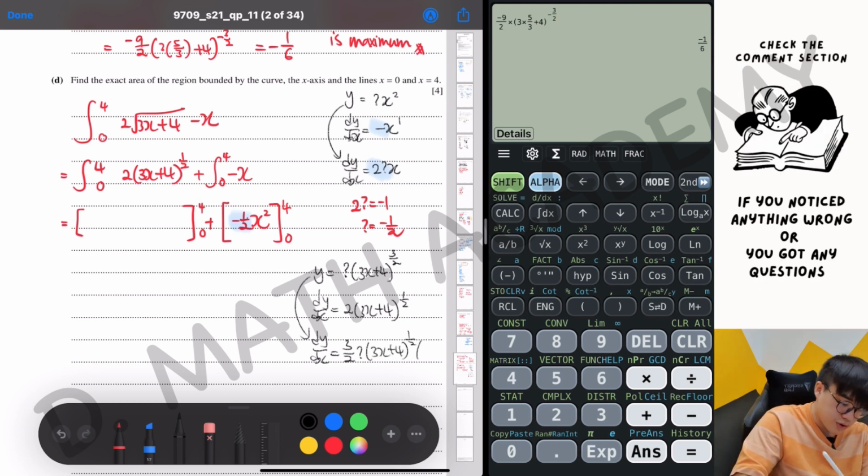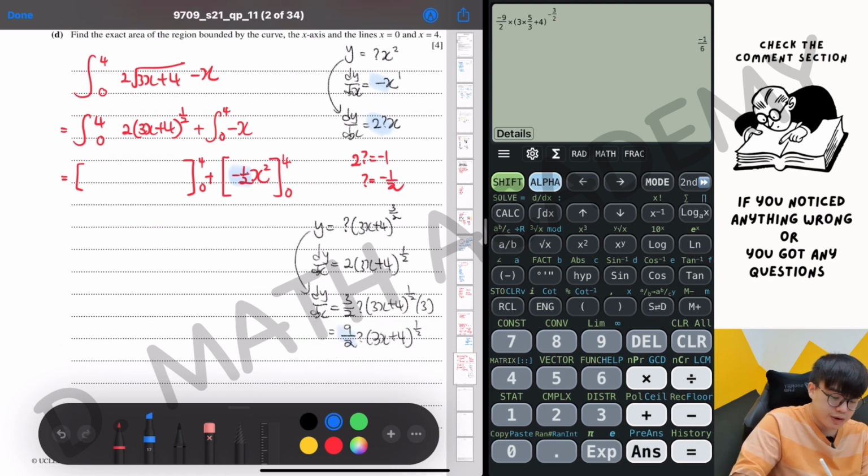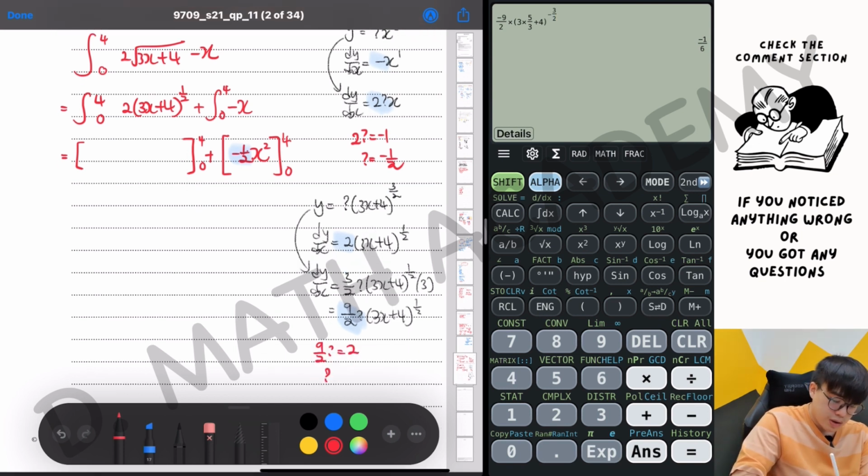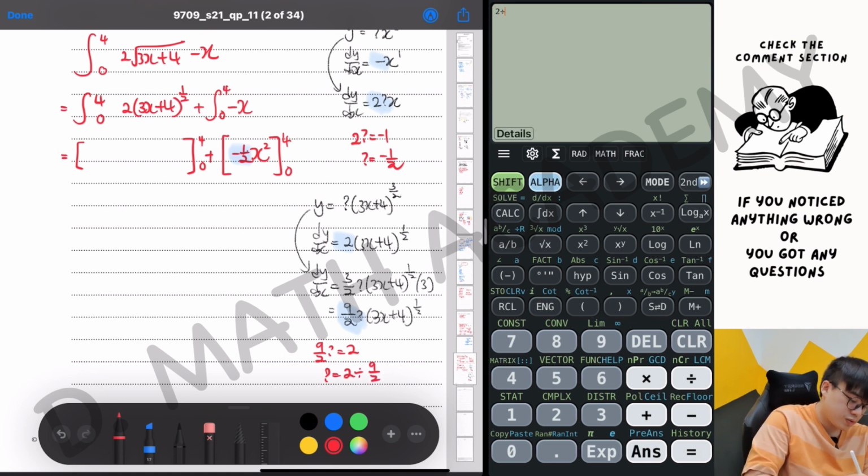Okay, students always forget to differentiate the brackets. You actually have an additional 3 inside. So this is the final outcome of it, and when you compare it accordingly against the 2, you will know that 9/2 unknown equals 2. Unknown will be 2 divided by 9/2.